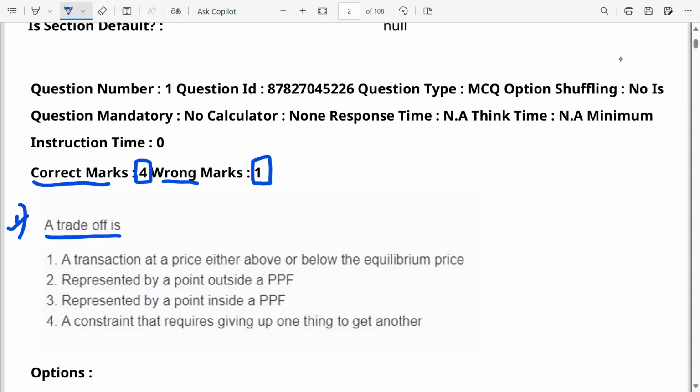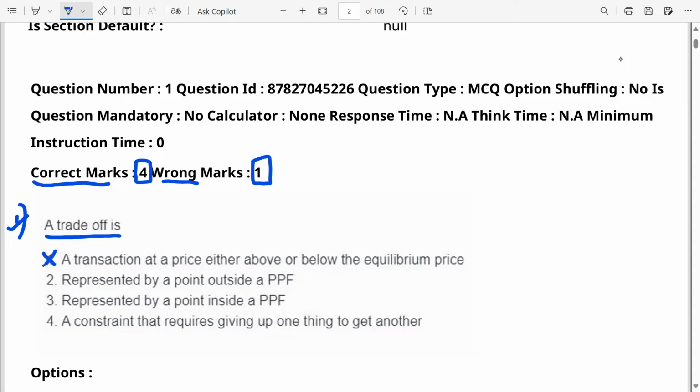Because resources are limited and scarce and they can be put to alternative uses, and because resources are not equally efficient in production of all the goods, the production possibility frontier is downward sloping, which means if the economy decides to produce more of good eggs, the economy has to sacrifice good ones. So there's a trade-off.